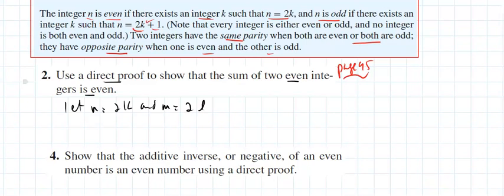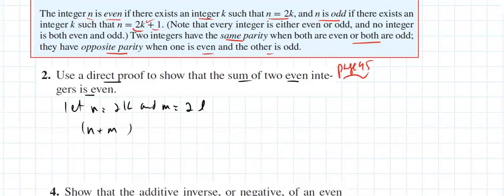If I take the sum n plus m, it will equal 2k plus 2l. If I factor a 2 out, that's simplification.